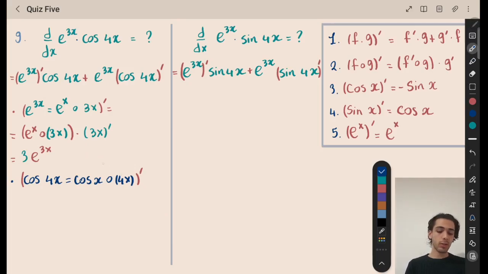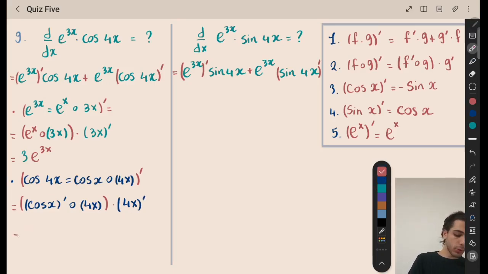You just plug in 4x inside of x, you get 4x. So we apply the chain rule again, which gives you the derivative of cosine of x composed with 4x, but then do not forget to multiply by the derivative of 4x, which is the inside function.